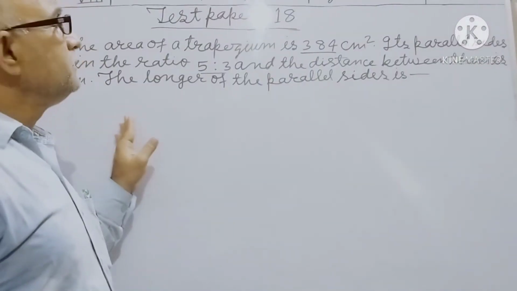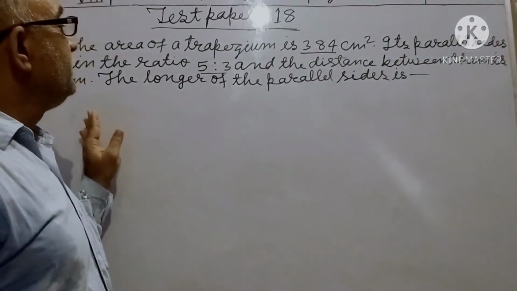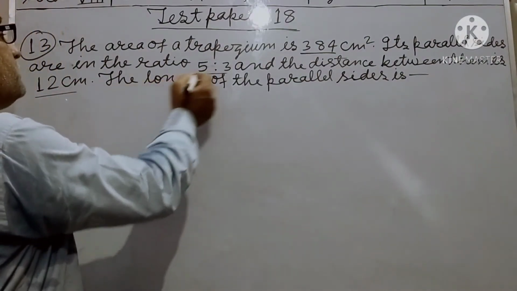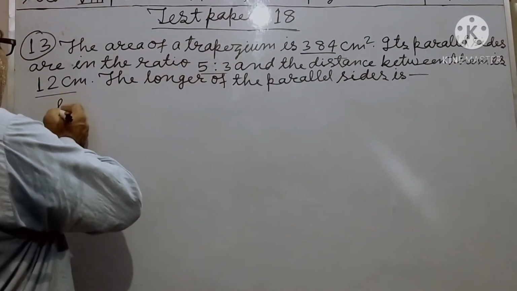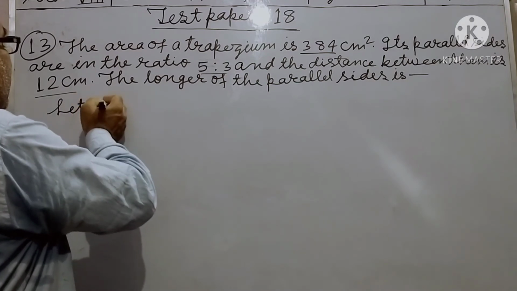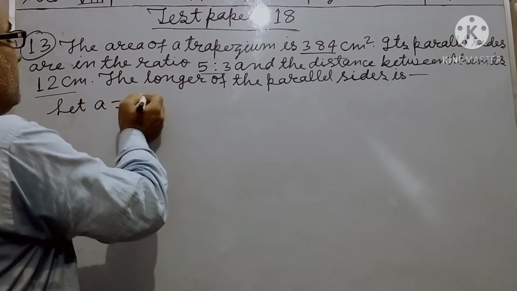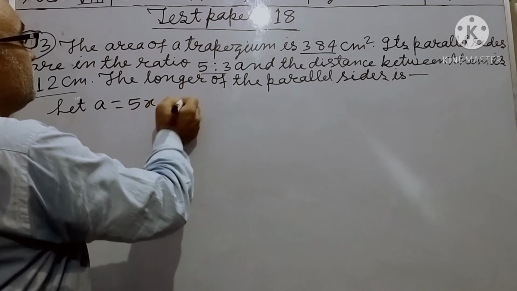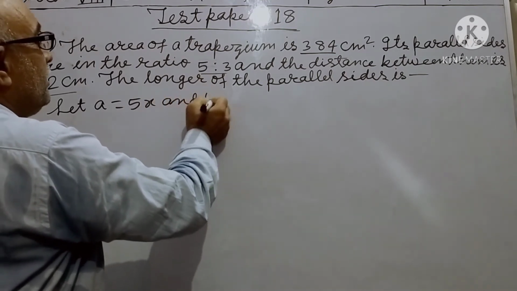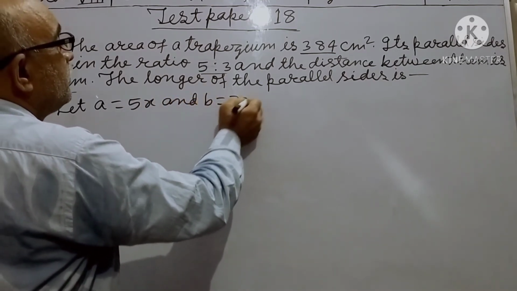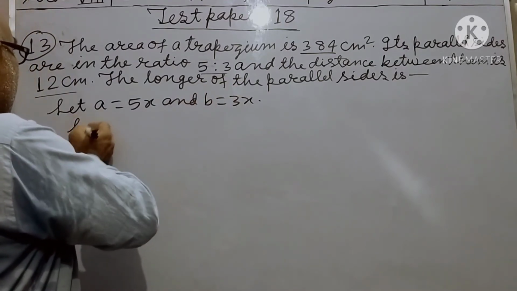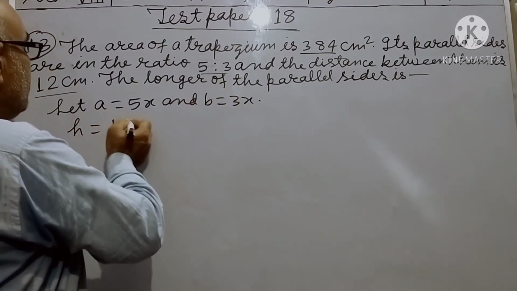They have given ratio of the parallel sides, 5:3. So let A equal to 5x and B equal to 3x. H equal to 12 cm.